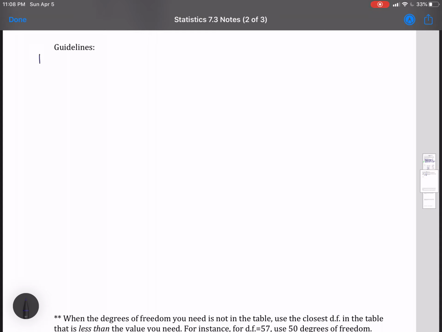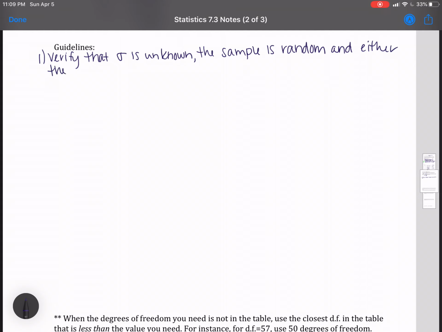First, we want to verify that sigma is unknown, the sample is random, and either the population is normally distributed, or n is greater than or equal to 30.